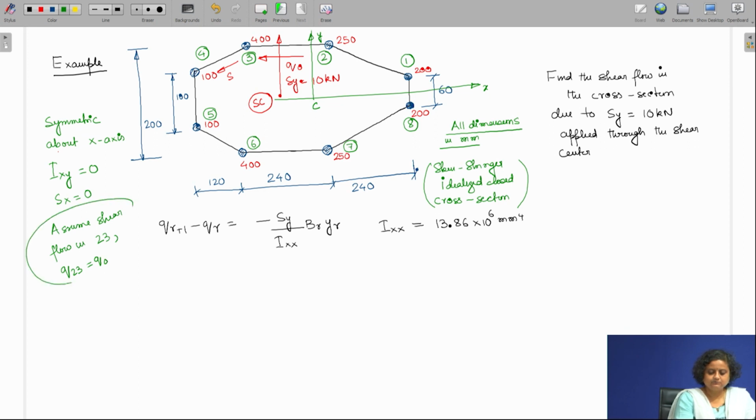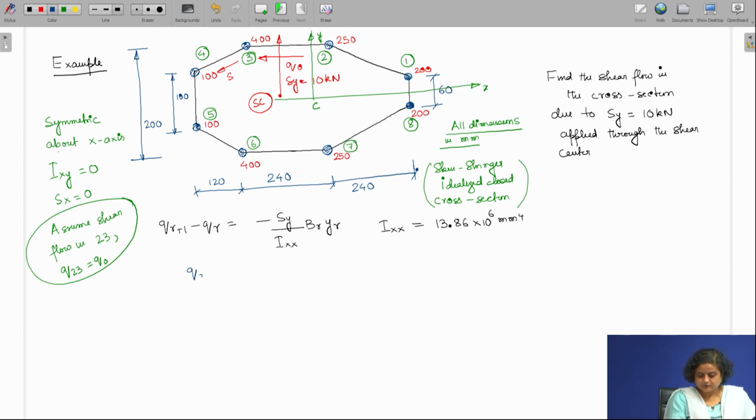So, this assumption needs to be made, as we have done previously for a conventional thin wall structure. Now, let us try to find out the shear flow in the other cross sections.